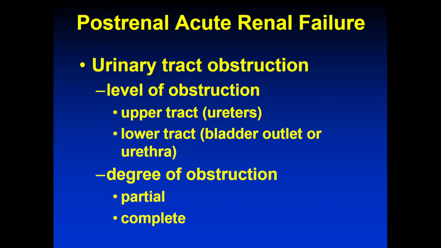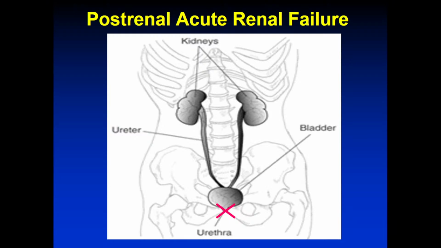It may involve the upper tract, ureters, and the lower tract, bladder outlet or urethra. And we also have to evaluate the degree of obstruction. It may be partial or complete.